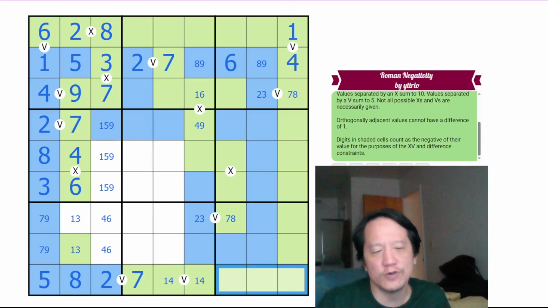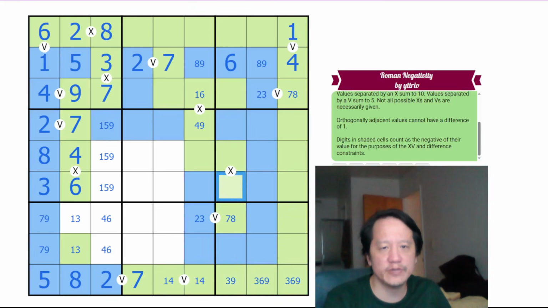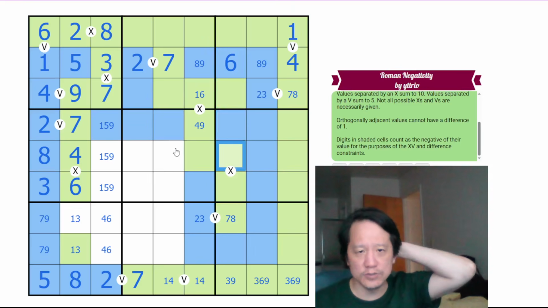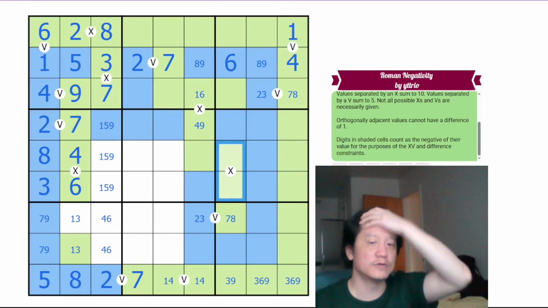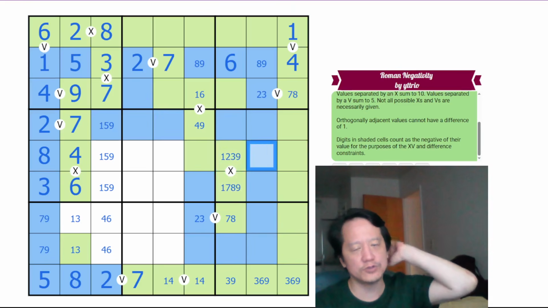Remaining digits of row 9, we have 3, 6, and 9. 6 can't be here because of 6 in the column. To add up to 10 here, no 6, so it's 1, 2, 3, 7, 8, 9. No 3 here, so no 7 here. No 8 here, so no 2 there.